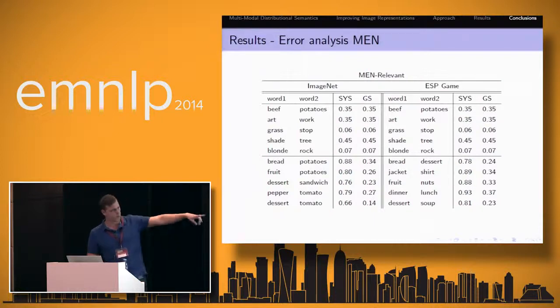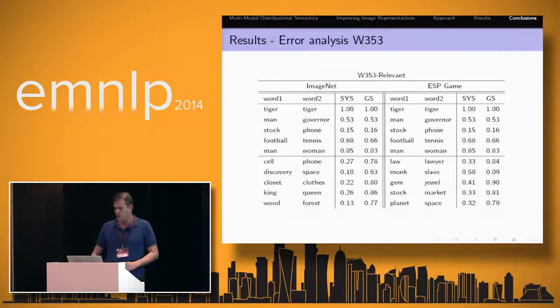For example, the linguistic representation for bread isn't very good because you see it in both of them. I've tried to look into it, but there aren't really that many patterns. Some things are quite obvious, especially the errors in WordSim353. That's such a weird data set in a way that you tend to get really weird errors that are just due to the data set itself. But it's definitely something to look into further.